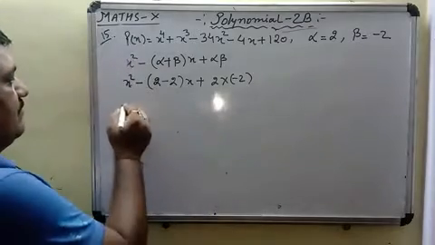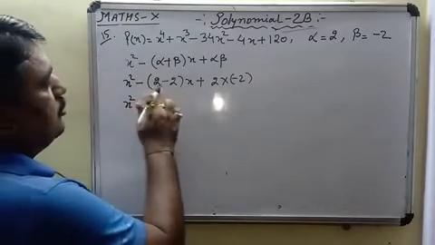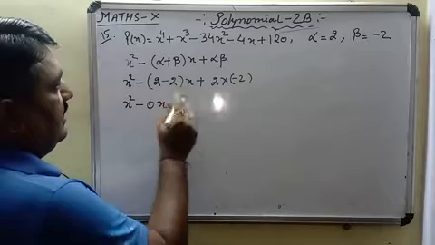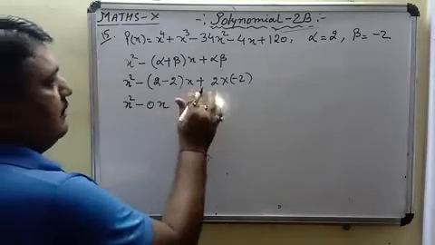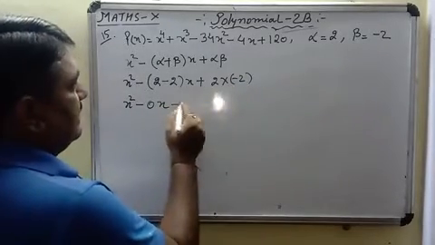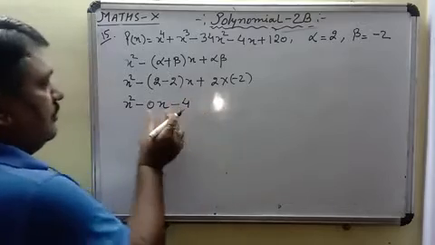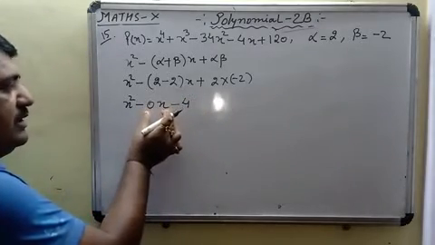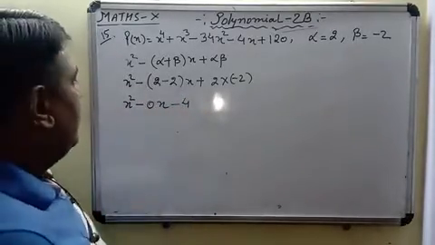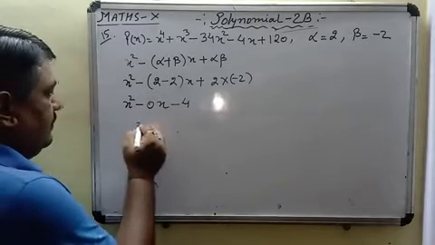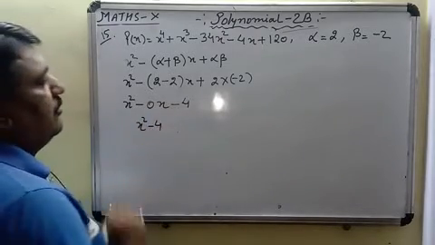So this will become x square minus 2 minus 2 is 0 and x is attached to it, plus into minus minus 2 is 4. So this value is nothing, so we can leave it or we can delete it also. X square minus 4.